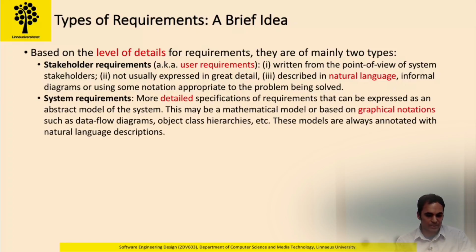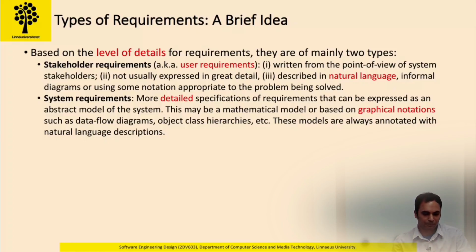And then there are also system requirements. As I mentioned before, in the requirements document, you don't have only requirements in natural language or text. You might also have models and designs, and maybe more about the technologies that you are going to use. So system requirements basically give a more detailed view of each user requirement, and can include graphical notations.